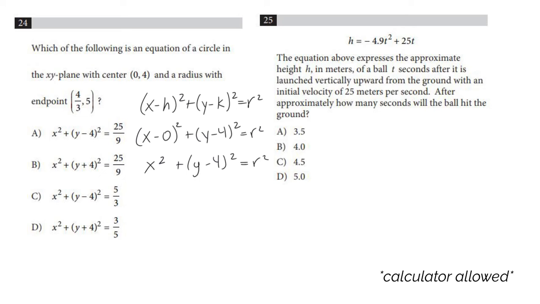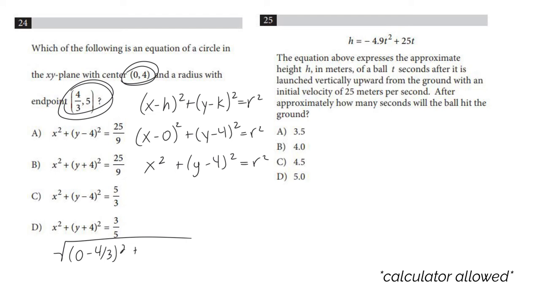Now the tricky part here is I need to figure out what the distance is between this point and this point. So that's where we go back to the distance formula. The distance formula is the distance between my x values and my y values. So I'm getting this from, this was my x2, y2, and my x1, y1.